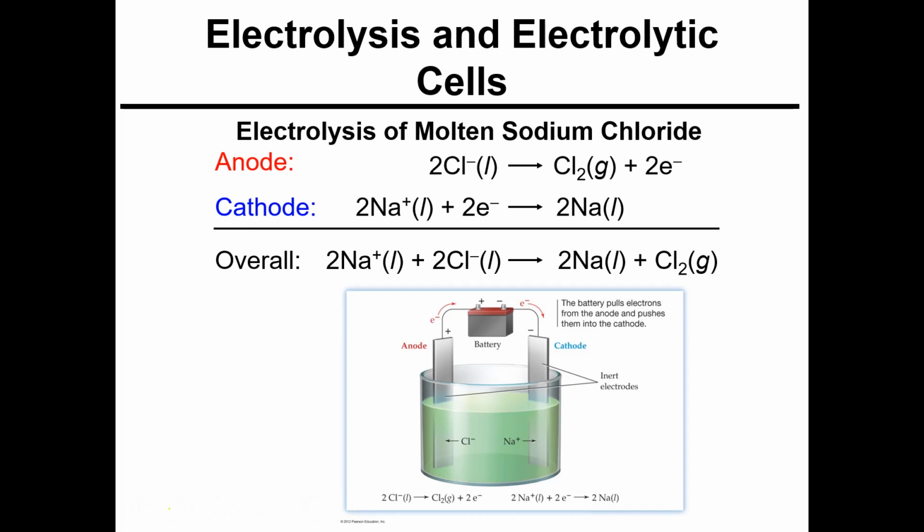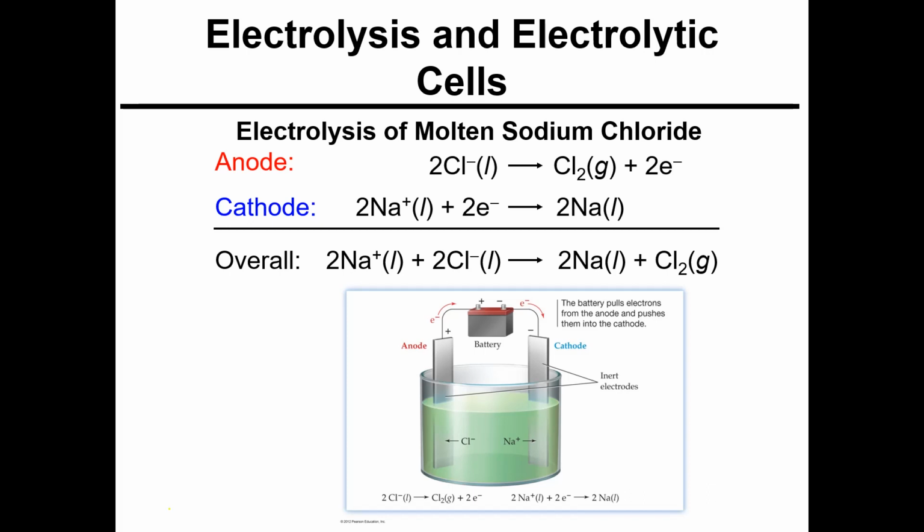So to look at an example of an electrolytic cell, if we have something like chlorine acting as our anode, which is where oxidation occurs, and sodium acting as our cathode, which is where reduction occurs, this reaction does not happen spontaneously.